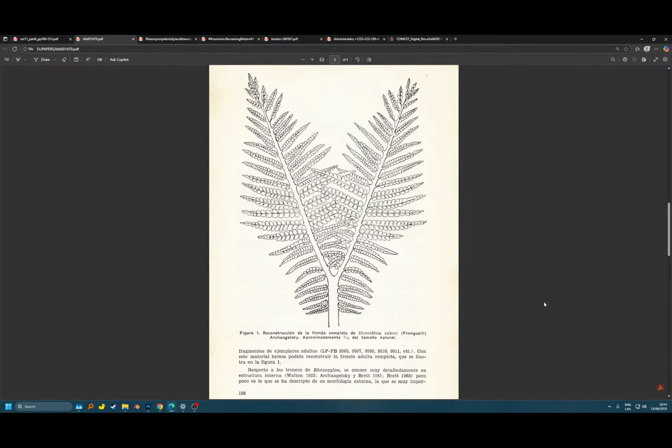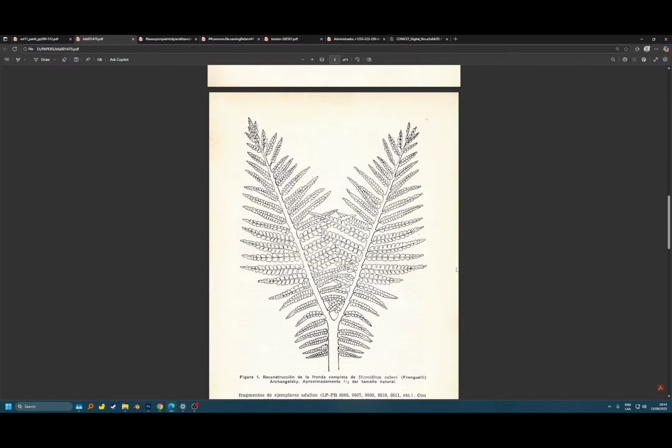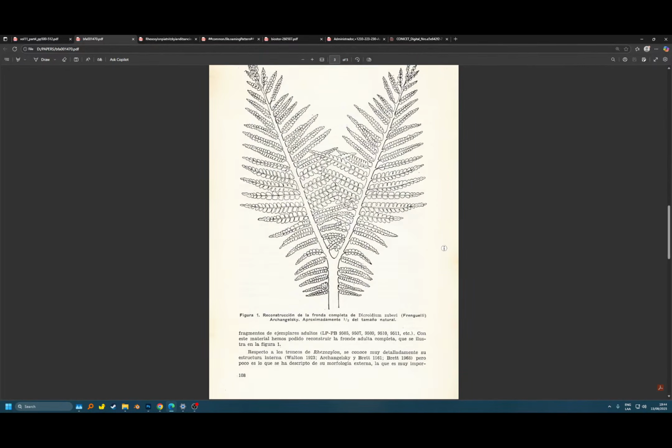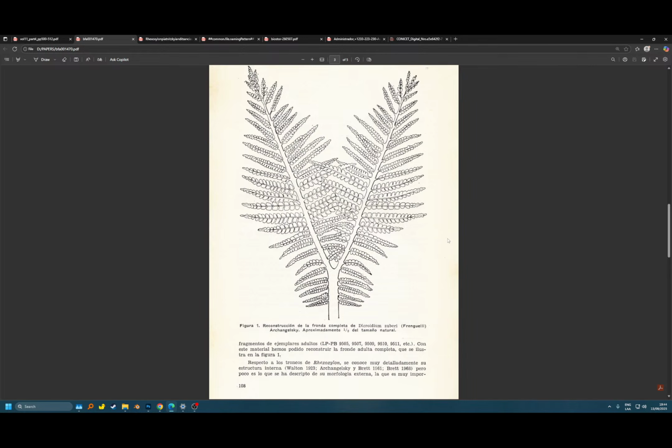And given the fact that these fronds are so big, they must be the ones responsible for the scarring in the small stems of Rexoxylon. And that's totally valid, right? It's the most coherent explanation for the connection of those plants. So I'm not going to question that. That totally makes sense, right?